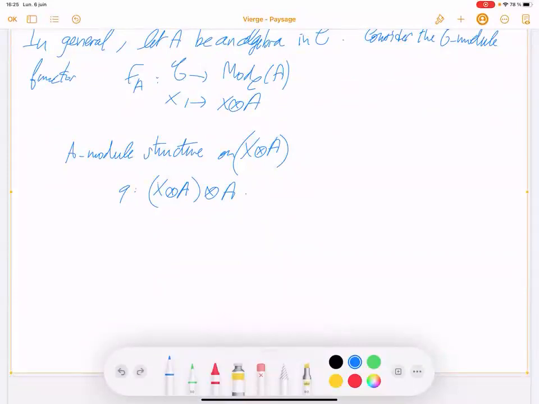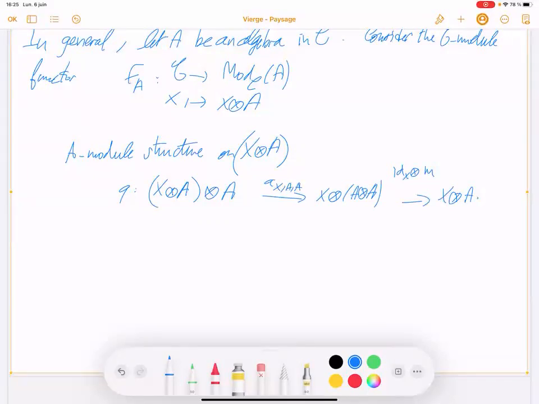You first apply the associativity constraint, and then you apply identity on X tensor M, and M is the multiplication on A. M is the module structure. This is what you need to use if you want to define a module structure on A.